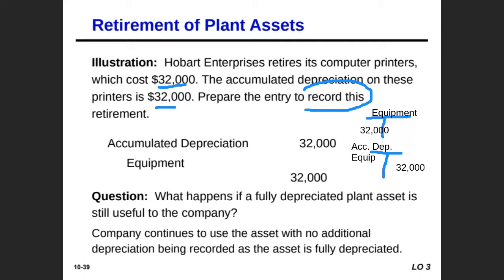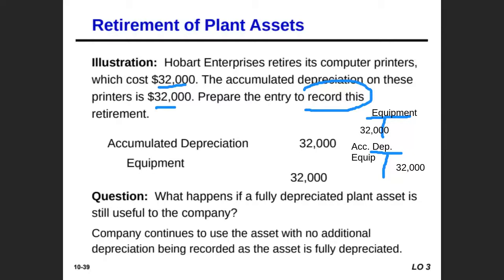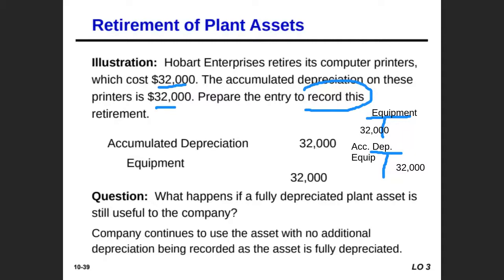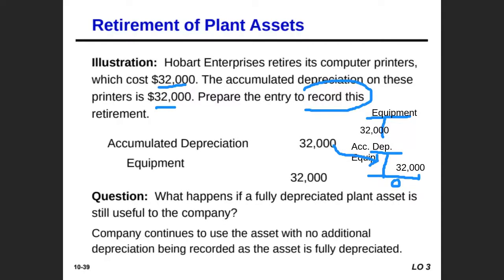Now, since you are disposing of this asset, this should have a zero balance. Accumulated depreciation is debited, because this number will come here when you post it, so at the end your balance should be zero. And then equipment is credited, and when you post it to the T account, it will have a zero balance. So this is what we are doing, retiring a plant asset. Is it clear now?